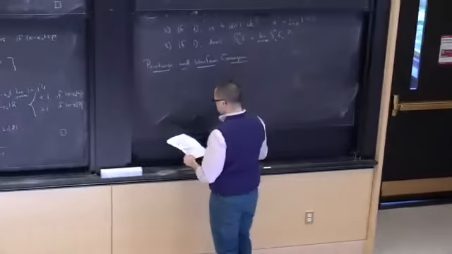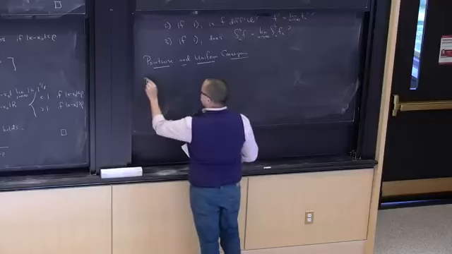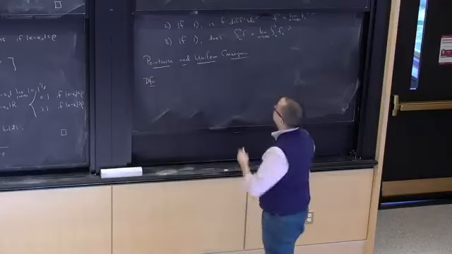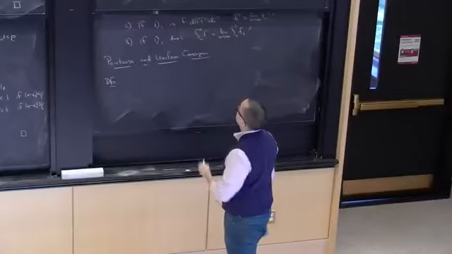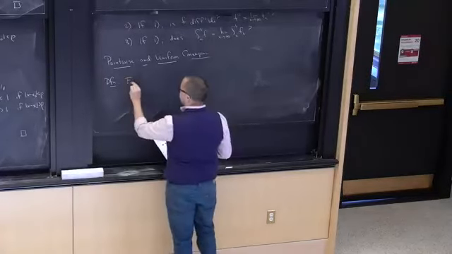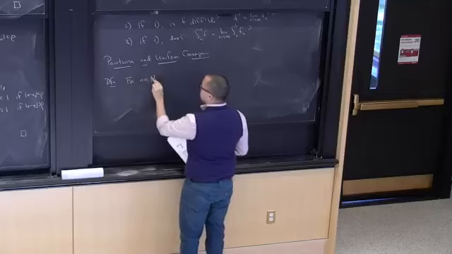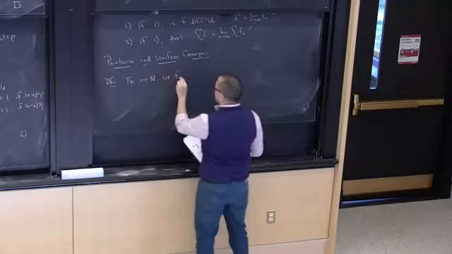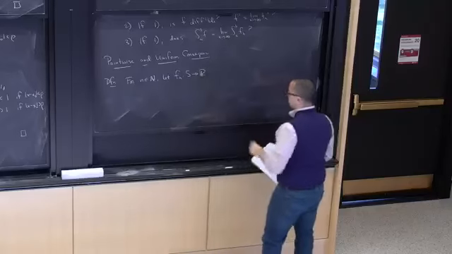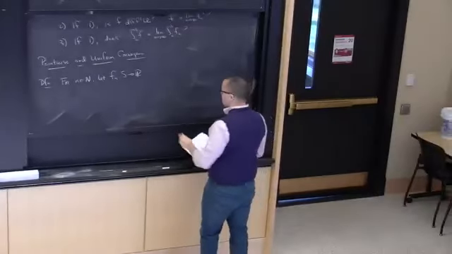So, first definition, this is, in fact, what we were talking about before. For n a natural number, let fn be a function from S to R. S is some non-empty subset of the real numbers.